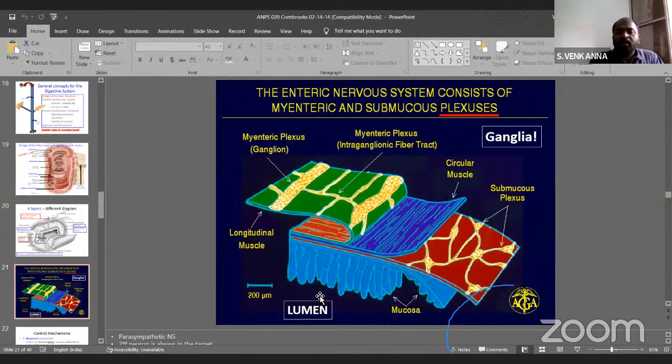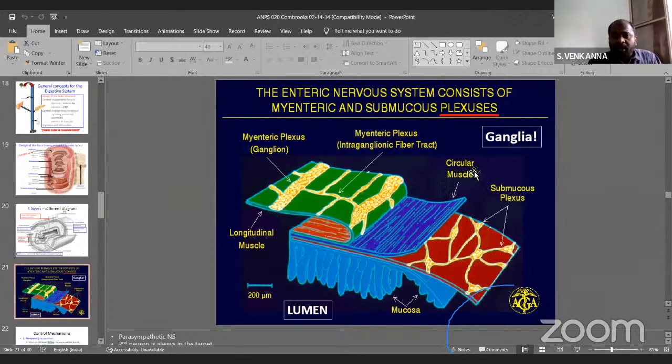The lumen has three parts, the mucosa and the longitudinal muscle. Then the ganglia have four parts: the myenteric plexus, the ganglion and intraganglionic fiber tract, circular muscles, and submucous plexus.